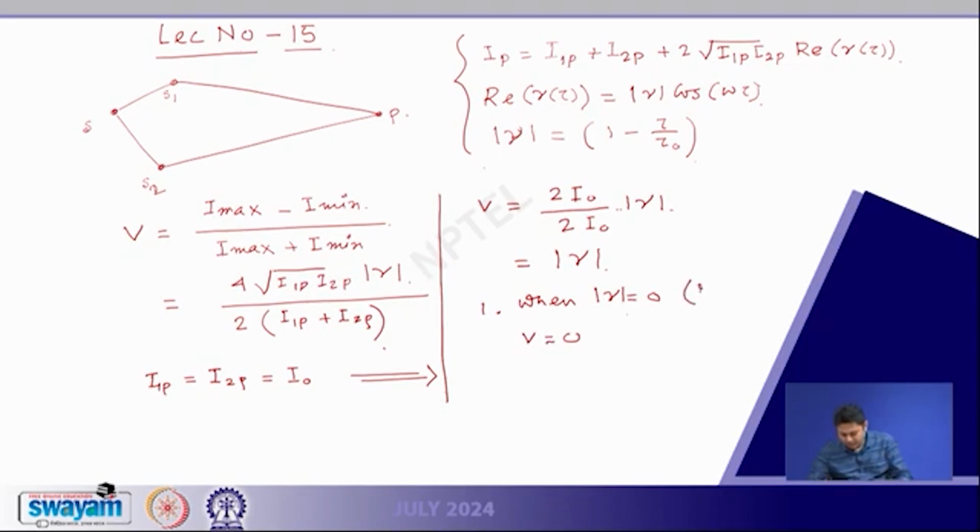Second, when mod of gamma is equal to 1, that is the degree of coherency I am writing here in terms of gamma, it is completely coherent.